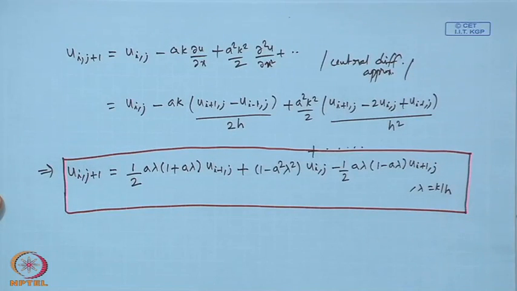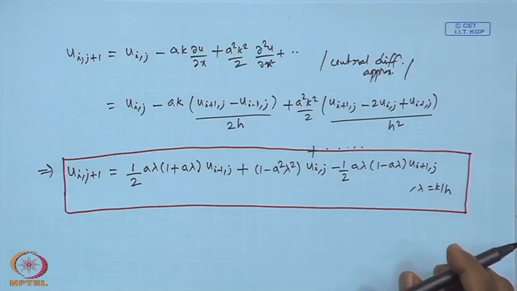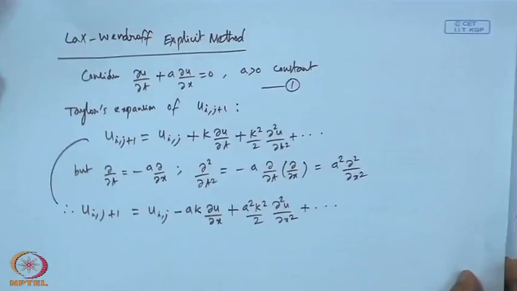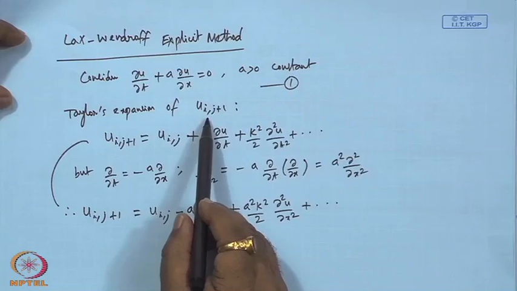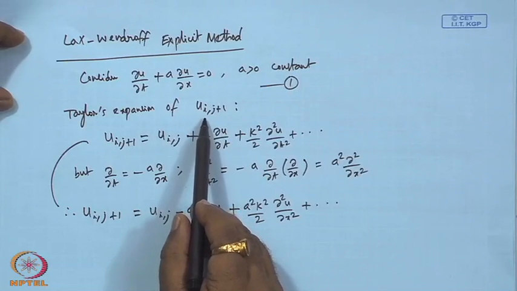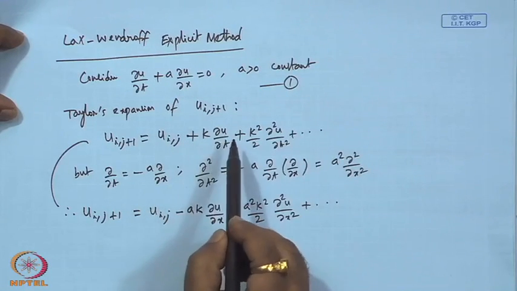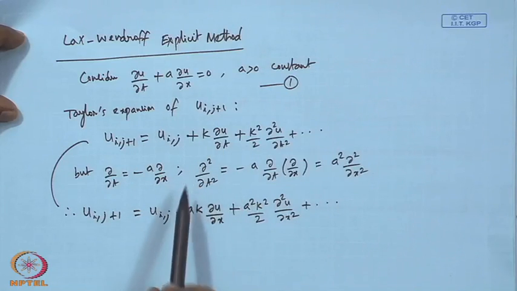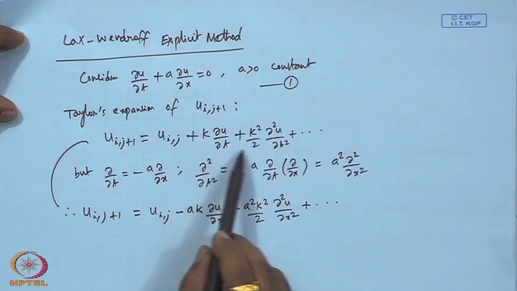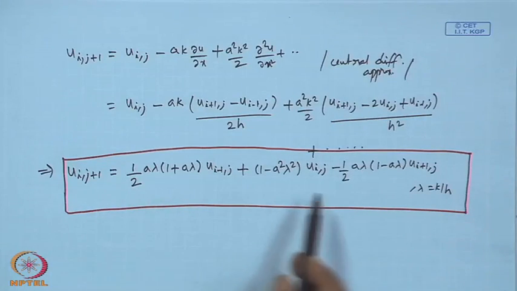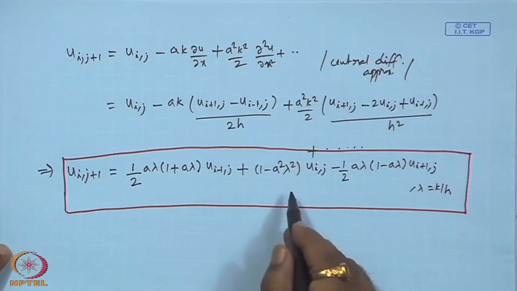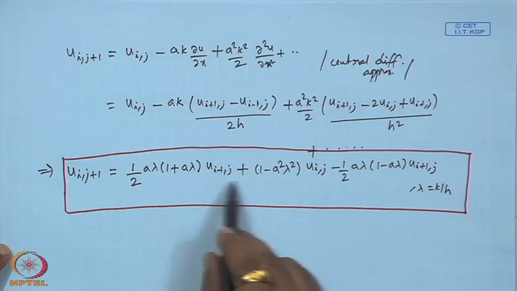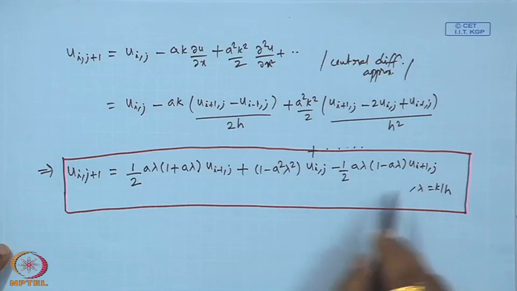So, we have made use of a small trick. What is that? We have straight away considered the expansion at u I j plus 1. However, we made use of the equation and transferred the time derivatives to spatial derivatives and approximated by central differences. Then we got an explicit expression that involves all the 3 points. Okay.